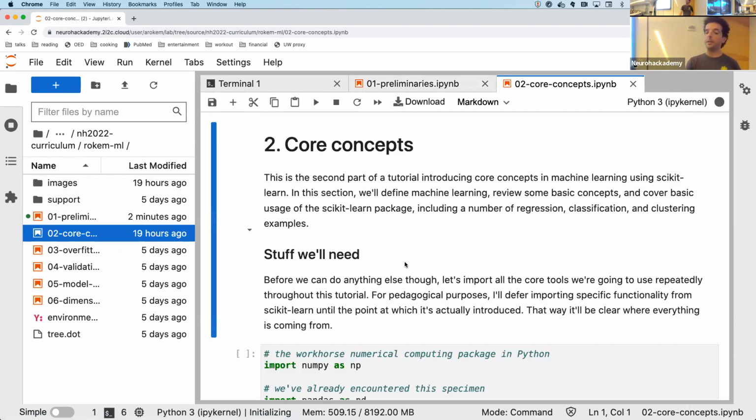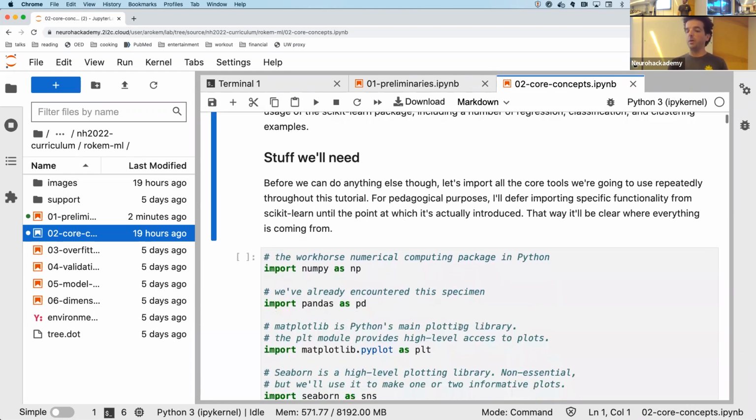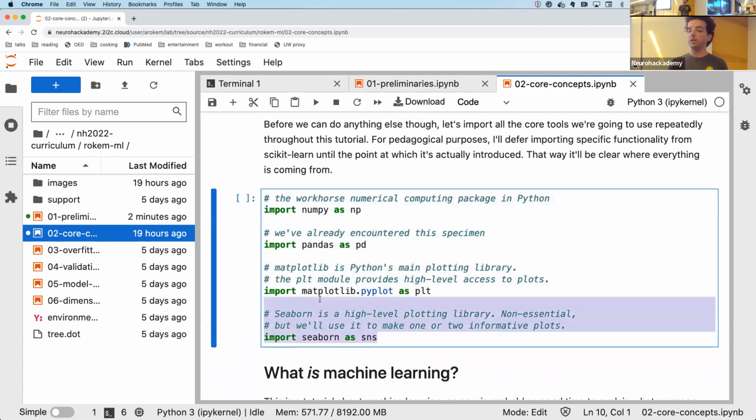Let me step back here and introduce you to some core concepts of machine learning, and we'll come back to this data and how we use those features and samples and those phenotypic data in models. Before we start, here are some things that we will need.